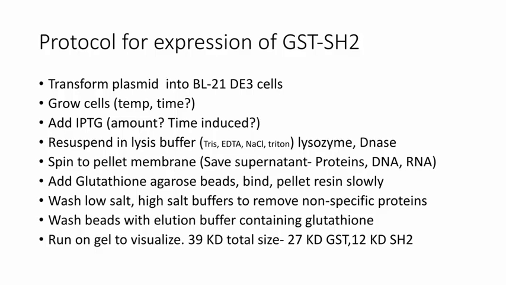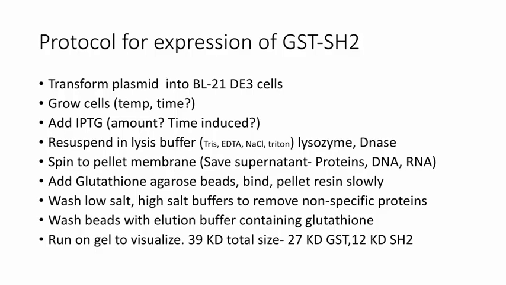Should I grow it at 15 degrees? Should I grow it at 25 degrees? How long should I grow the cells? What absorbance should I grow the cells to before I add the IPTG? And when you add the IPTG, what concentration of IPTG should you add? 0.5 millimolar, 1 millimolar, 2 millimolar.